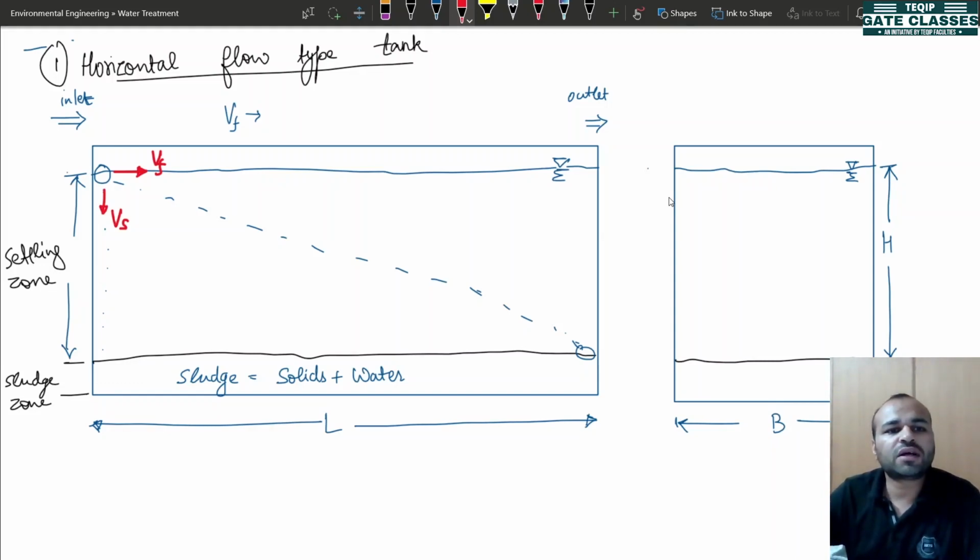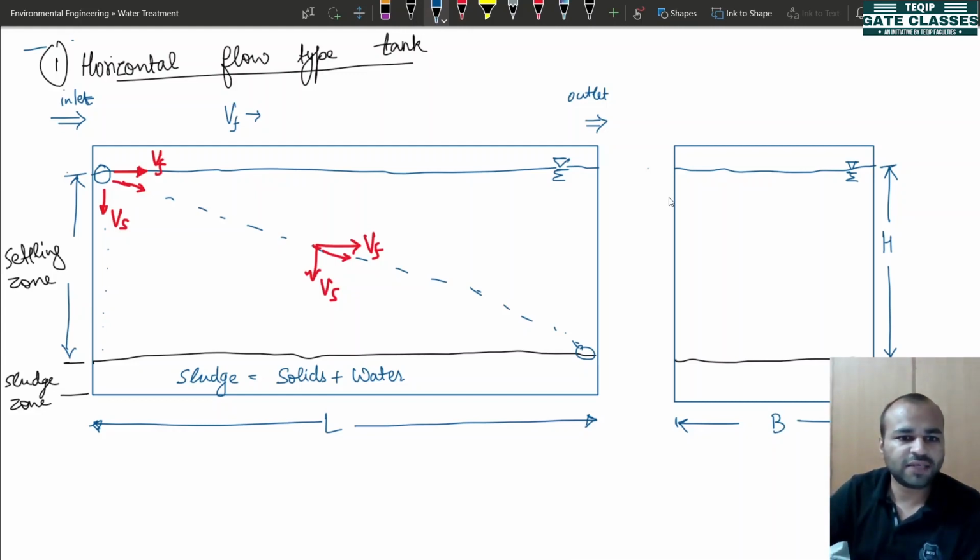So the resultant will be this line, and the particle is observed to follow a straight line path till it reaches the bottom of the settling zone. Now if we consider the particle here and draw the free body diagram, it will come out to be something like this.